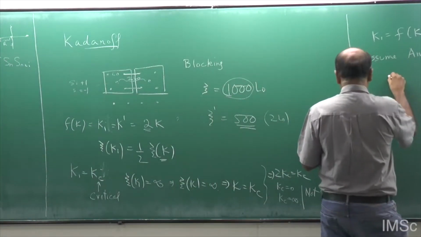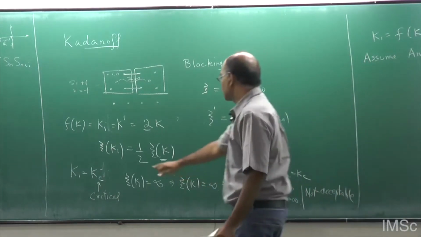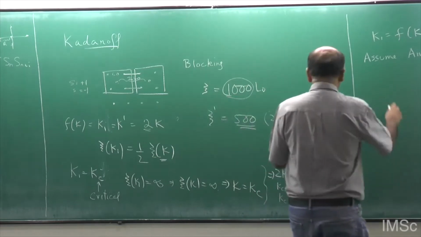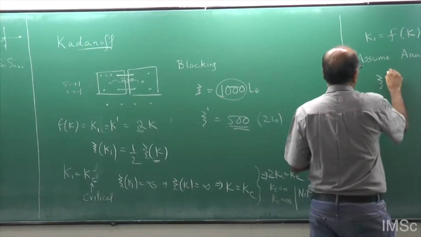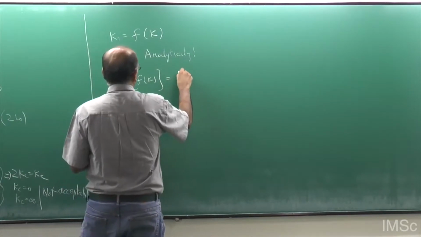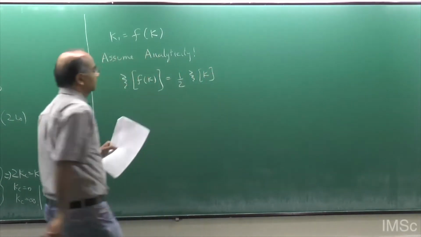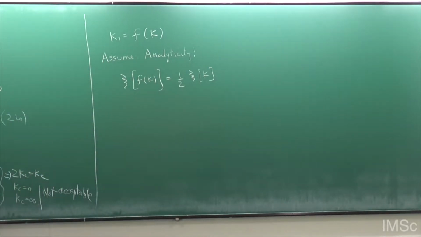So you modify this to that, and what does this become? C of f of K is half of C of K. The factor half is the same as before because you block 2 spins to 1. That's why it becomes half.